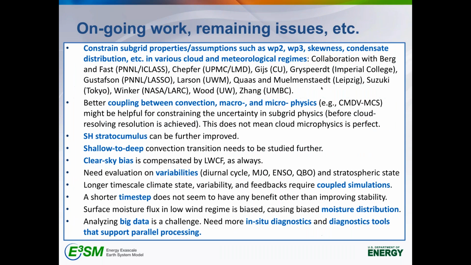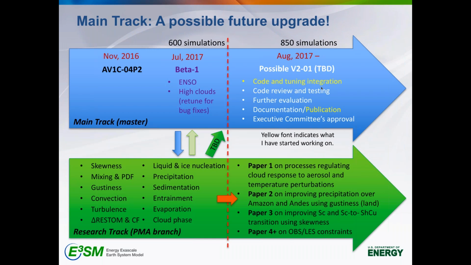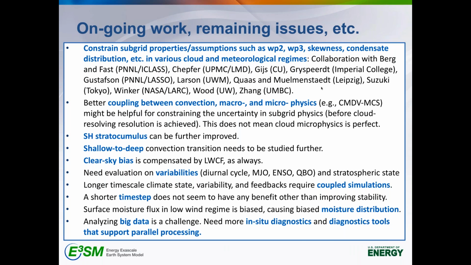So my question is, have you found a single configuration that can improve all those problems, like the stratus, cumulus, and also precipitation, and also the aerosol indirect effect? Do you have any idea on this?